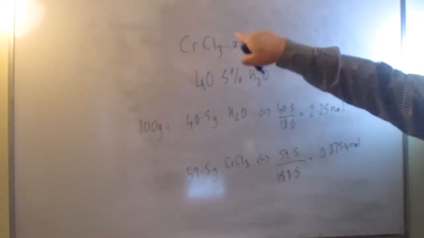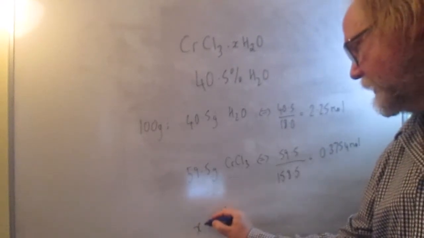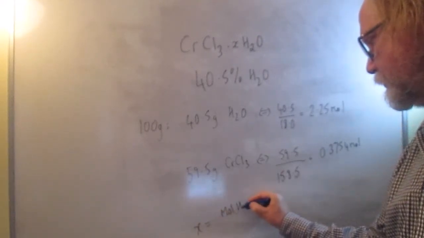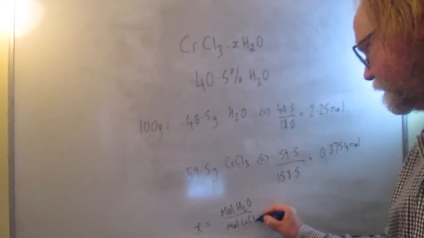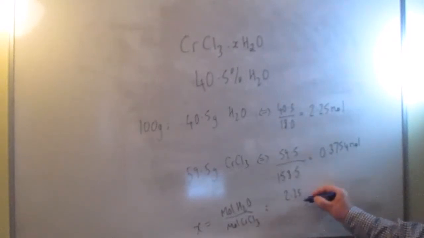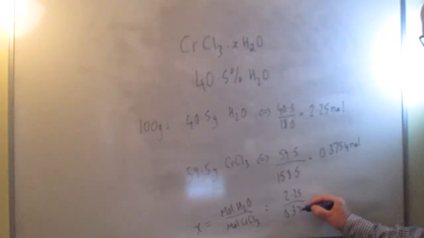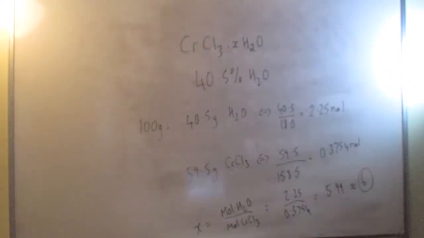So X is the moles of water divided by moles of CrCl3, which is 2.25 divided by 0.3754, which is 5.99, and therefore is effectively 6 is the value of X, and therefore it's CrCl3·6H2O, so C was the correct answer.